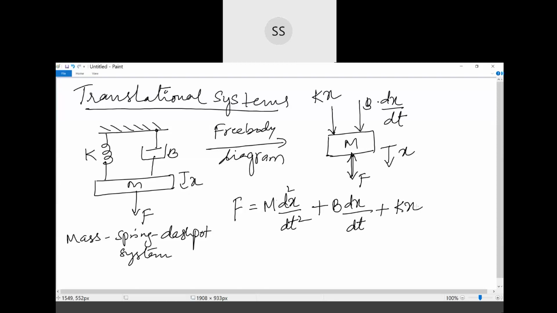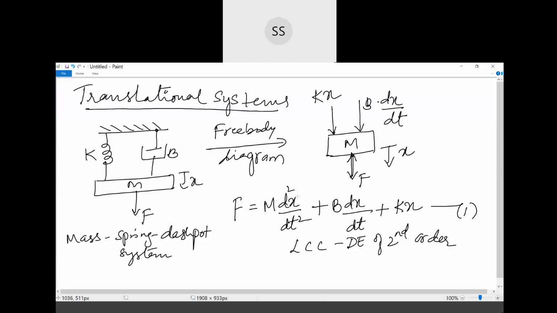Take this as equation 1. It represents a linear constant coefficient differential equation of second order. Second order because its highest power is 2 here.